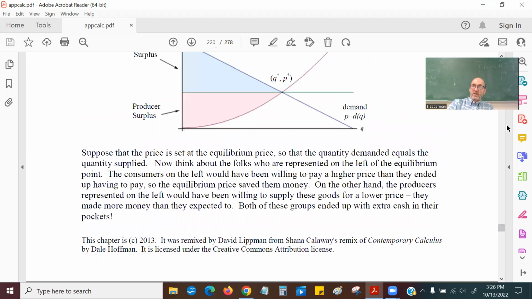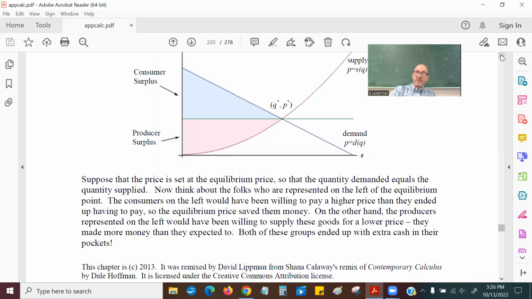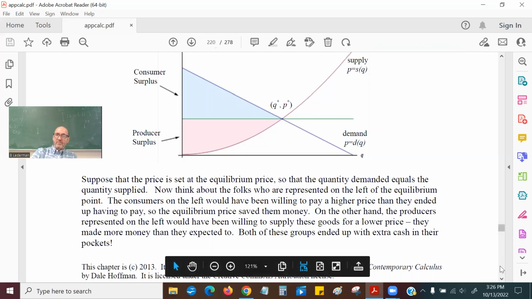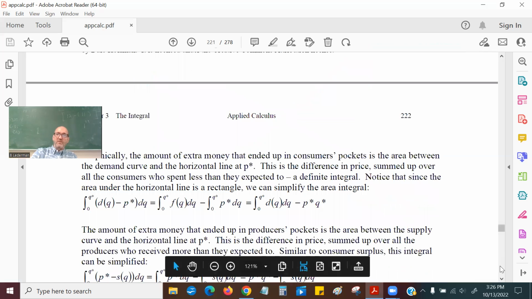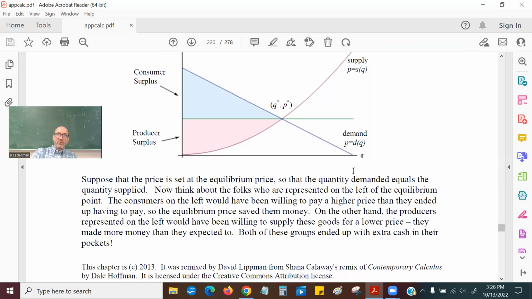D of Q is this, that's D of Q right there, and so we want the integral of D of Q minus P star, and by the way, that's going to represent this blue area, it's a triangle actually.